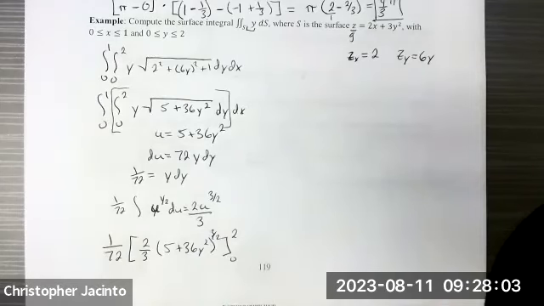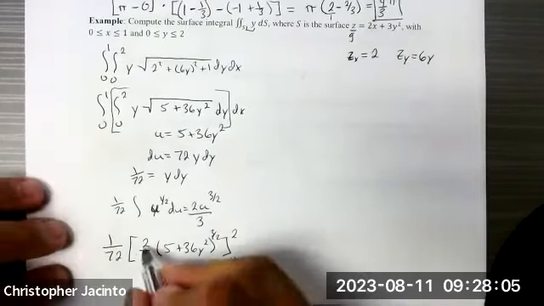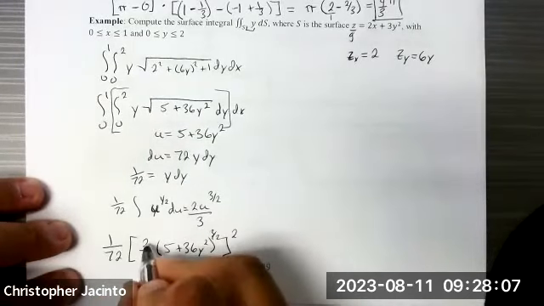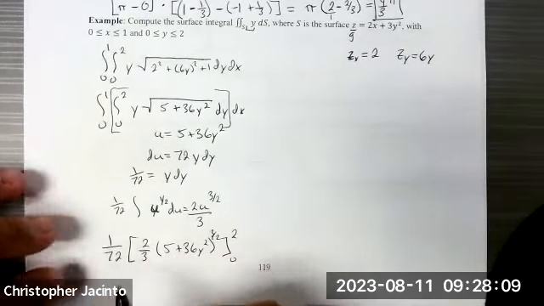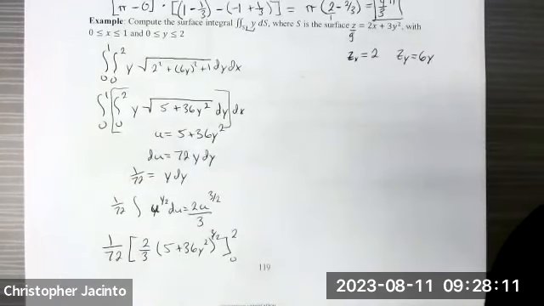Okay. All right. So I'll bring this on the outside. So 72 over 2/3 is 36 times 3, which is 108.